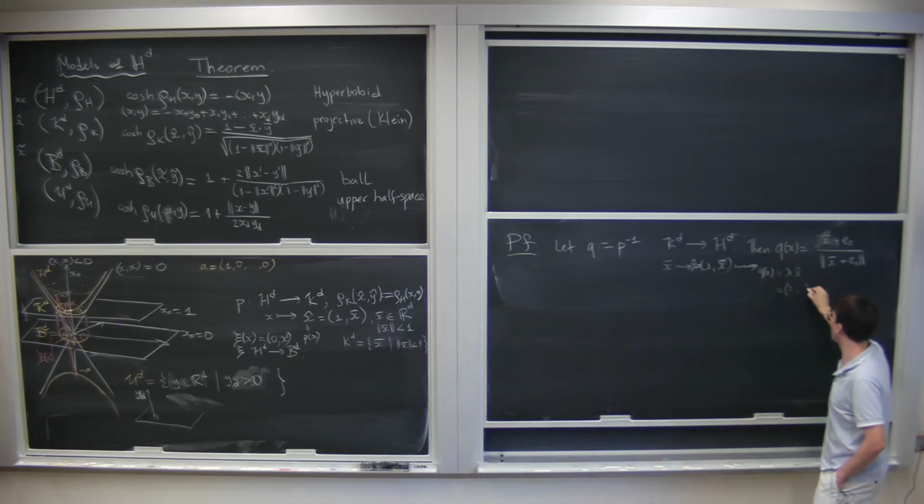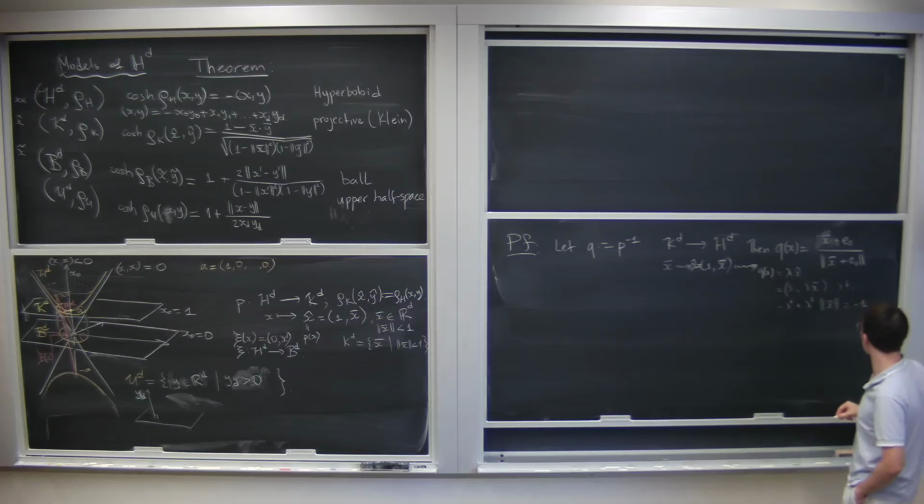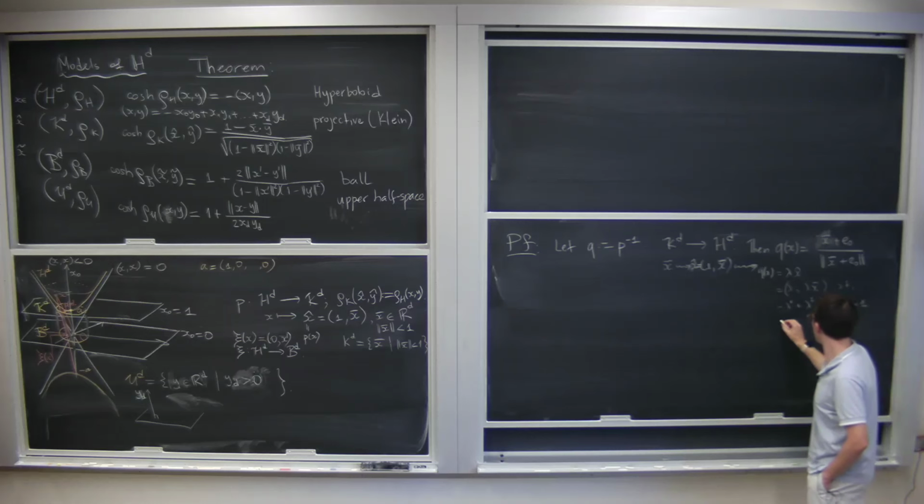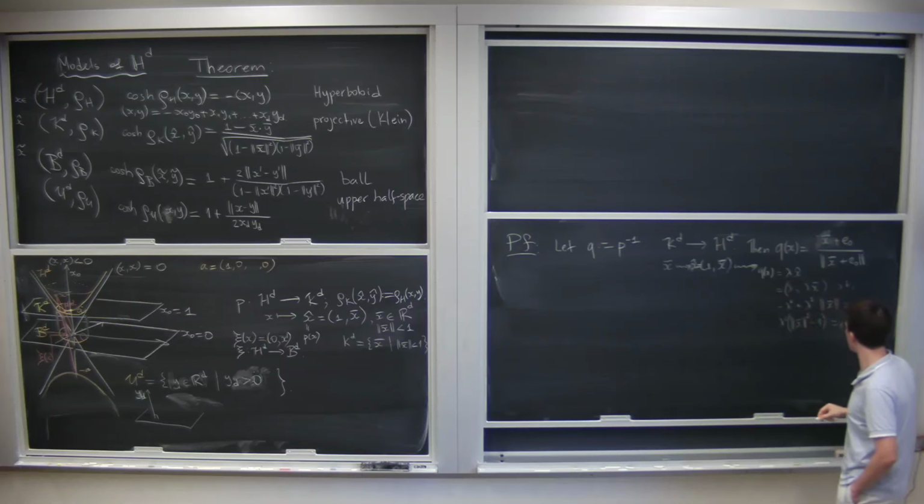So it's lambda and lambda x bar such that minus lambda squared plus lambda squared, the norm of x bar, is equal to -1, right? So lambda squared multiplied by x bar squared minus 1 is equal to -1.